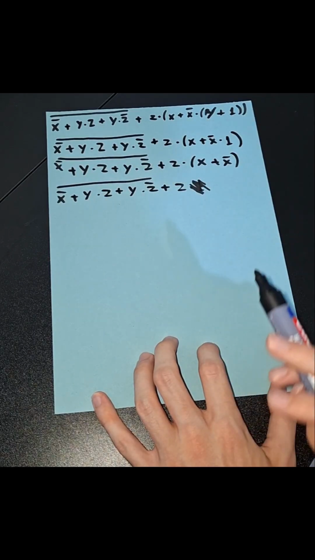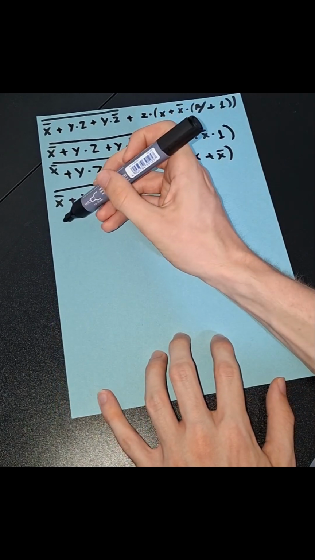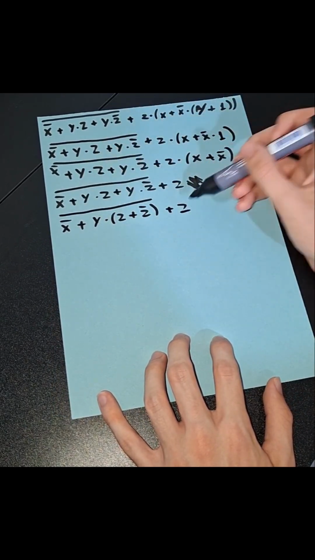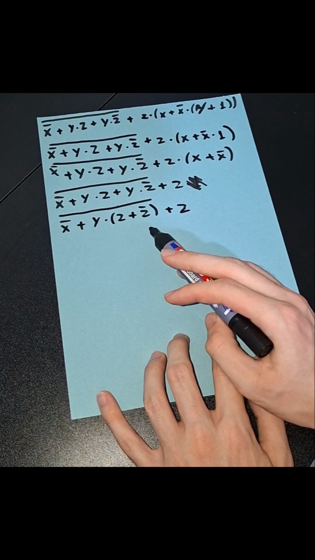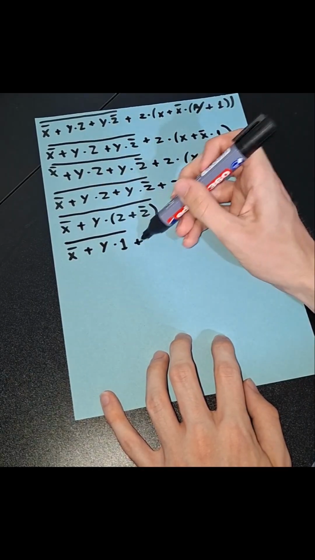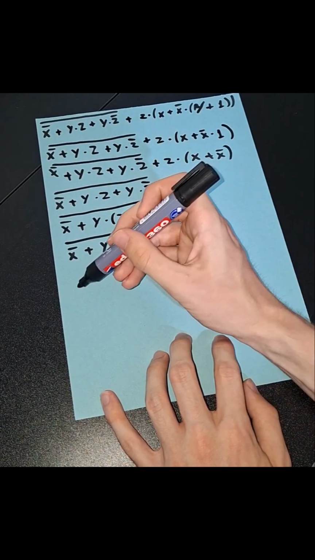So I'm going to take out y, because that will leave us with z or not z. So we know z or not z will just be 1. We know y and 1 will be y.